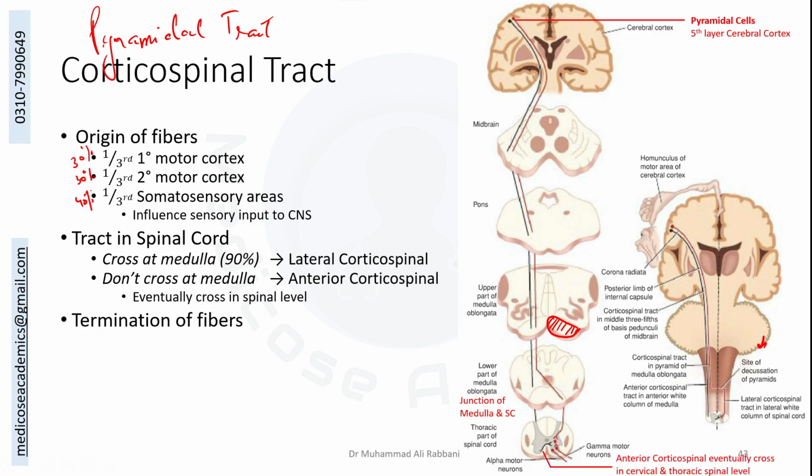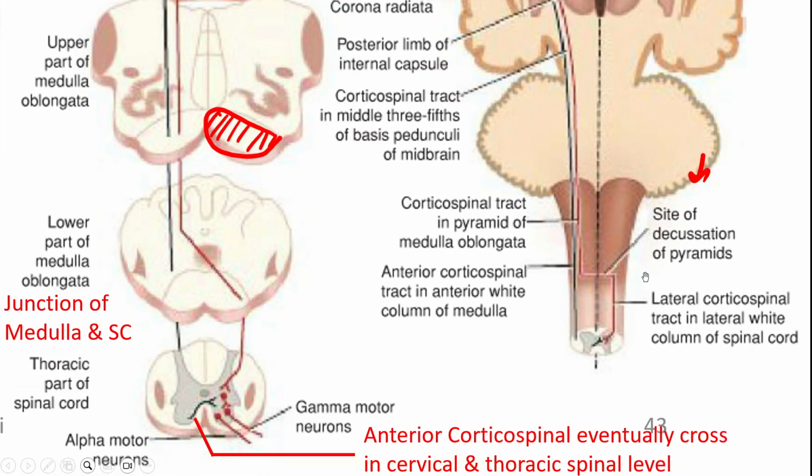Okay, how do they terminate? Let's talk about the lateral corticospinal tract. In most cases, it synapses with an intermediary neuron, the internuncial neuron, and that internuncial neuron influences the gamma or alpha motor neuron.